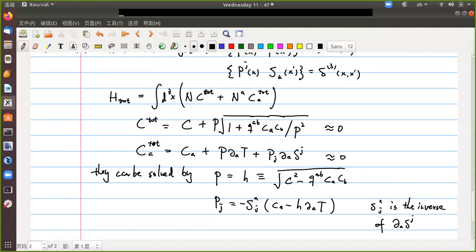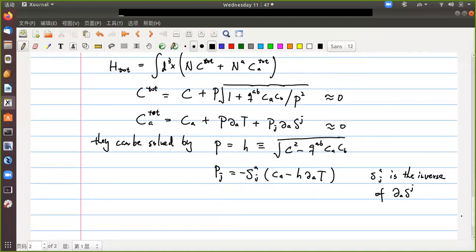You can imagine that, as I said before, this Sj will be just your ruler, your space parametrization. The dust field Sj will be your space parametrization, and this partial_A Sj is just like a Jacobian. Suppose Sj is your new coordinate.